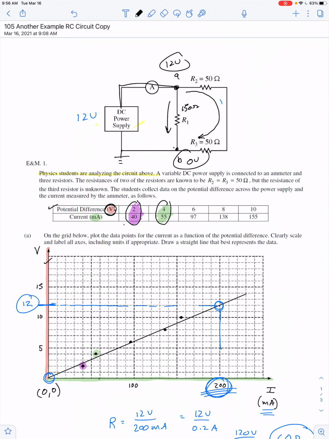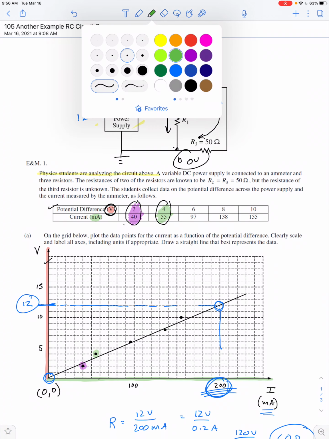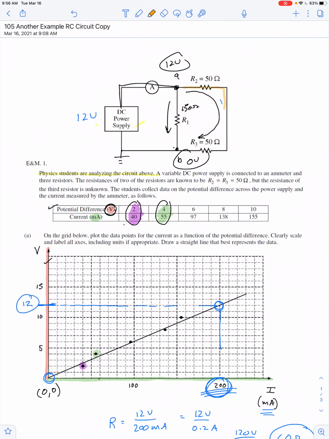So Ohm's law applies in total, and it applies in individual parts, meaning I can just consider this branch here highlighted in orange as a path along which Ohm's law must apply, meaning the current along that path has to be equal to the potential difference across that path divided by the resistance of that path, which in this case is 100 ohms.